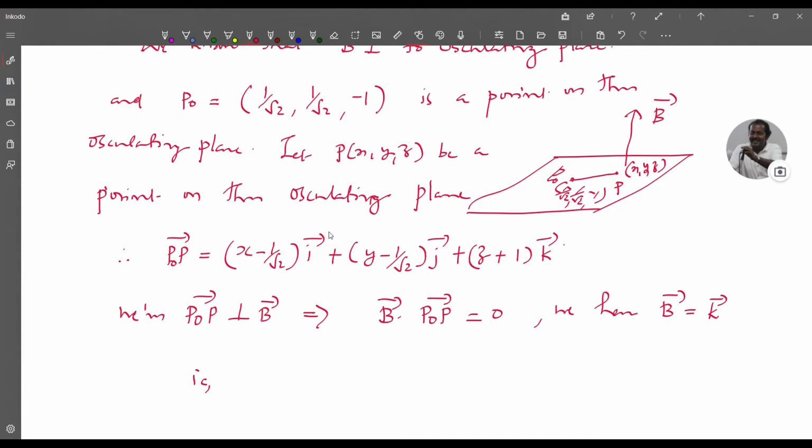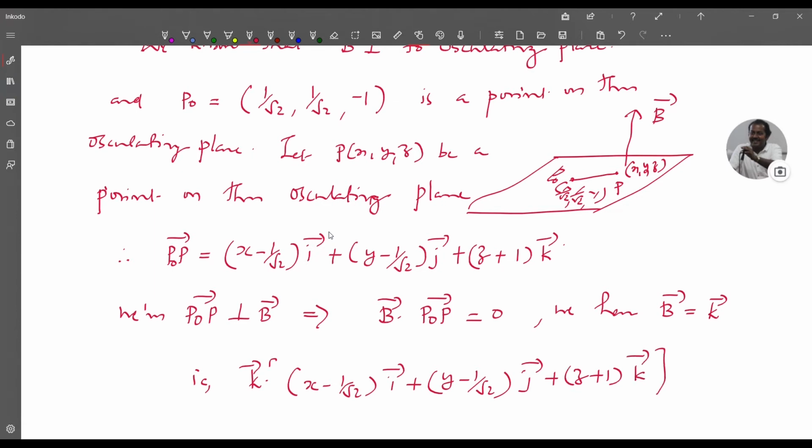Therefore, B dot P naught P, that is k dot (x minus 1 by root 2 i plus y minus 1 by root 2 j plus z plus 1 k), is equal to 0.